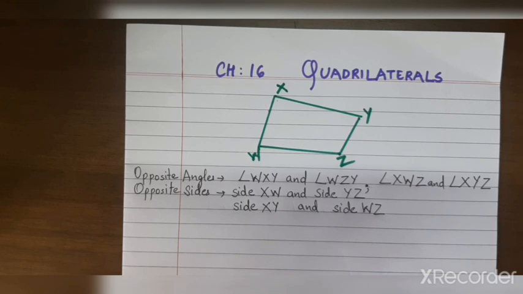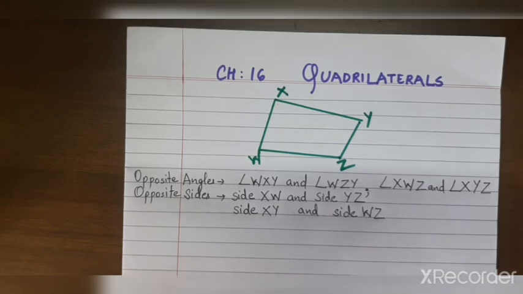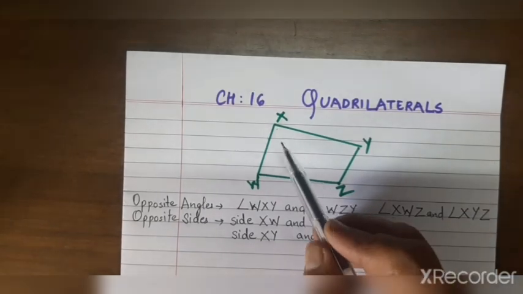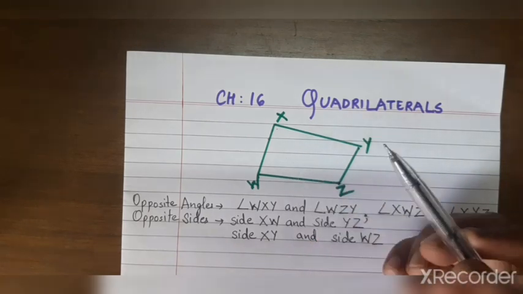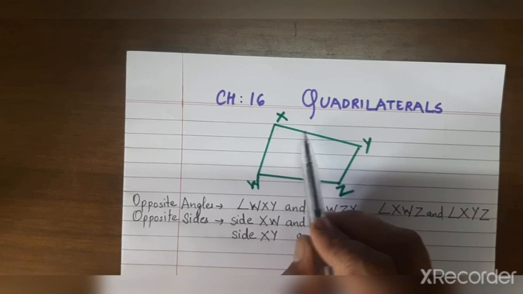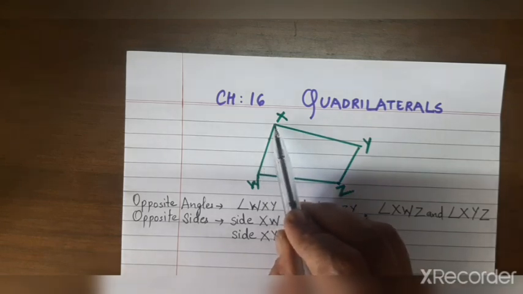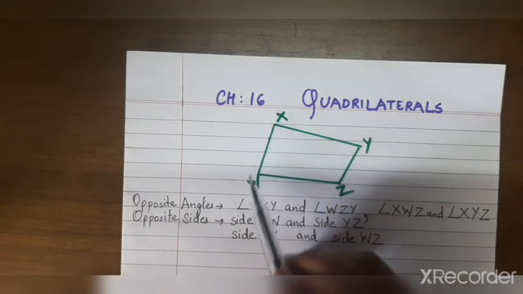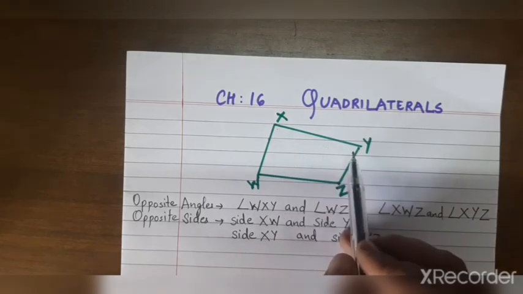Okay, third thing is the pair of adjacent sides. We have 4 pairs of adjacent sides and 4 pairs of adjacent angles. Adjacent sides means sides which have a common vertex. So if I take vertex X, XW and XY are adjacent sides.